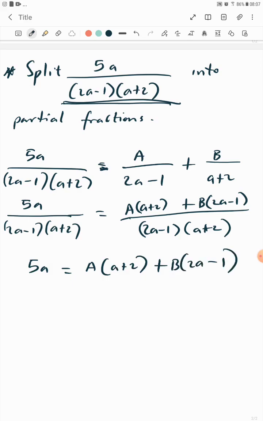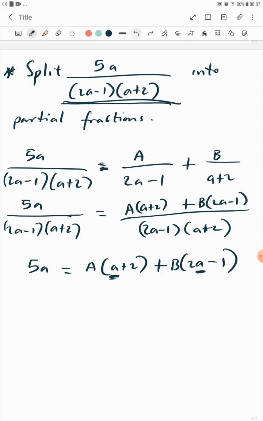In this case we try to use the elimination method, because we can't just find A and B at the same time. We need to find a way of either eliminating A first or eliminating B first. The only way we can do that is to look for a perfect value that we can substitute for a, such that either of these will become 0.